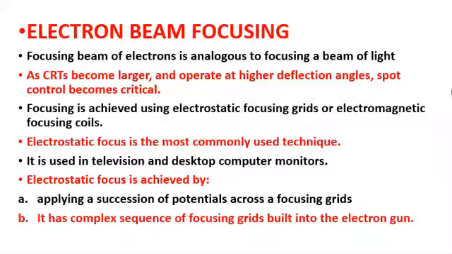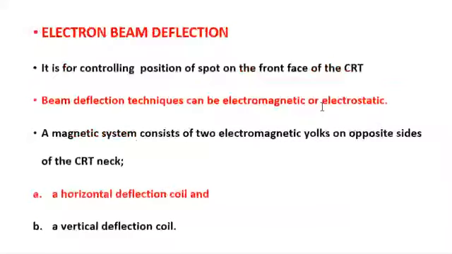They use electrostatic focusing, and this is achieved by applying different levels of voltages across the focusing grid. And it has a complex arrangement of focusing grids, which are built into the electron gun.